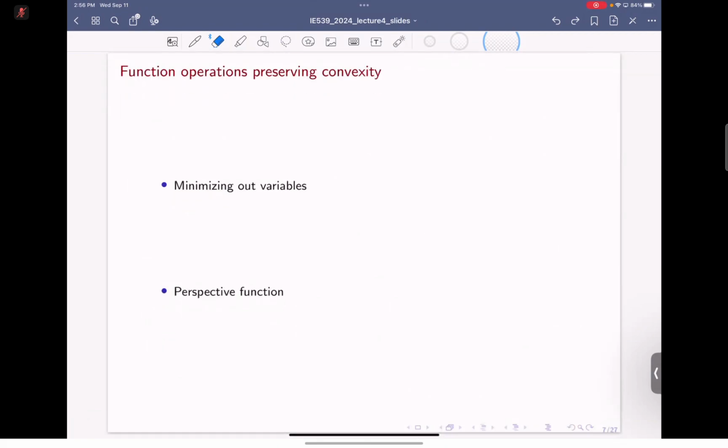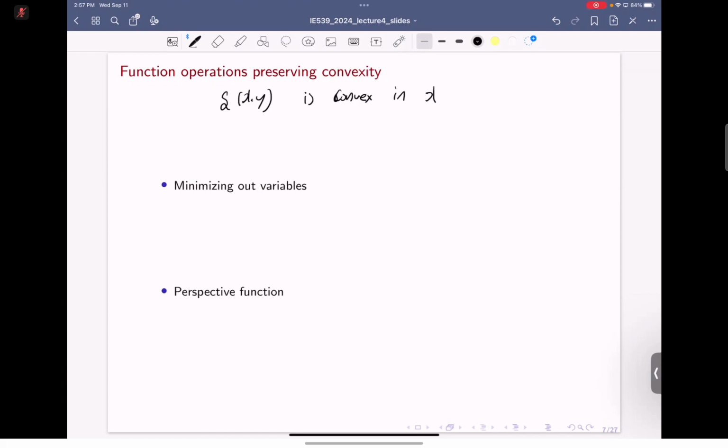I guess the next thing is kind of interesting. Here we have a function, let's say g(x,y), that is convex in x. So I have two parts, x and y variables, and I say that it's convex in x.